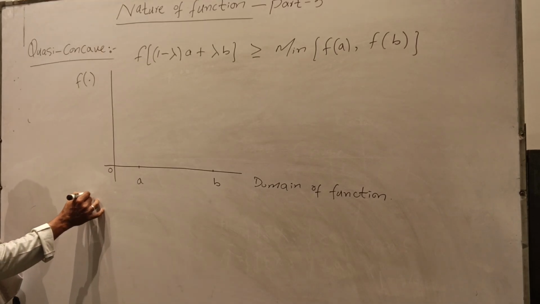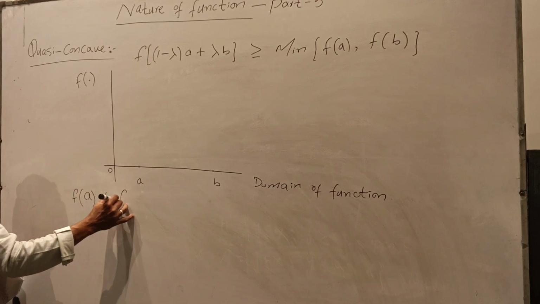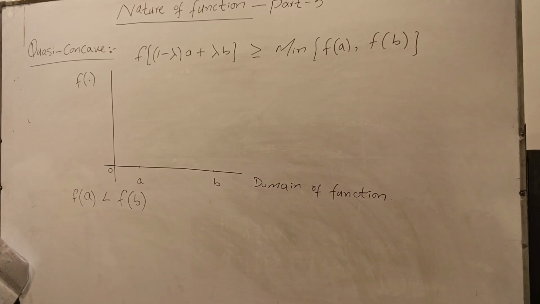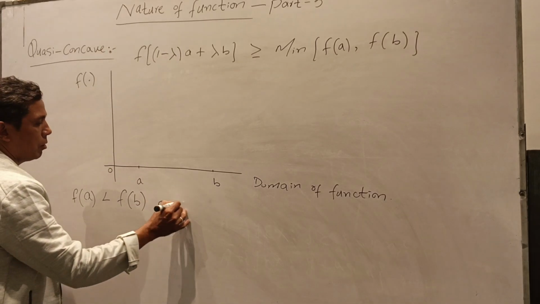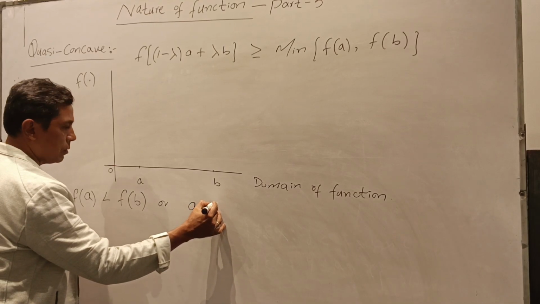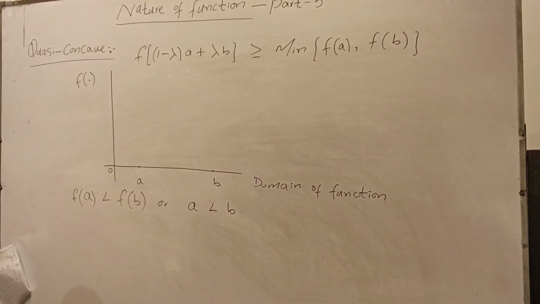We assume that the functional value of a is less than the functional value of b, that is, a is less than b.